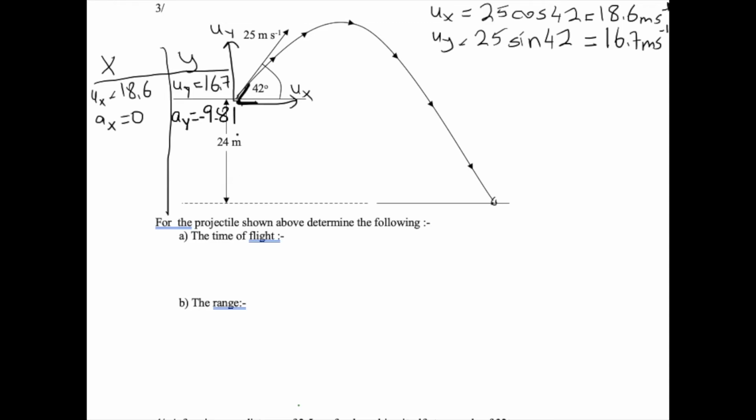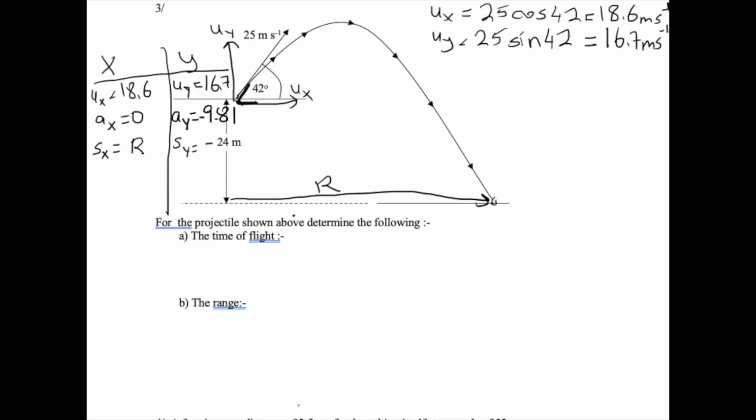The displacement overall for the whole motion is right here, negative 24 meters. And the displacement overall for the motion is the question that we will figure out in part B. So I'll label it on the diagram. That is the R, the horizontal range.